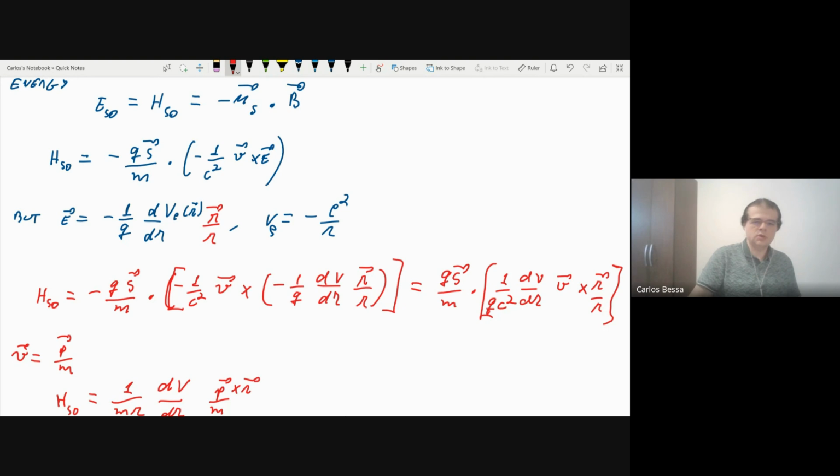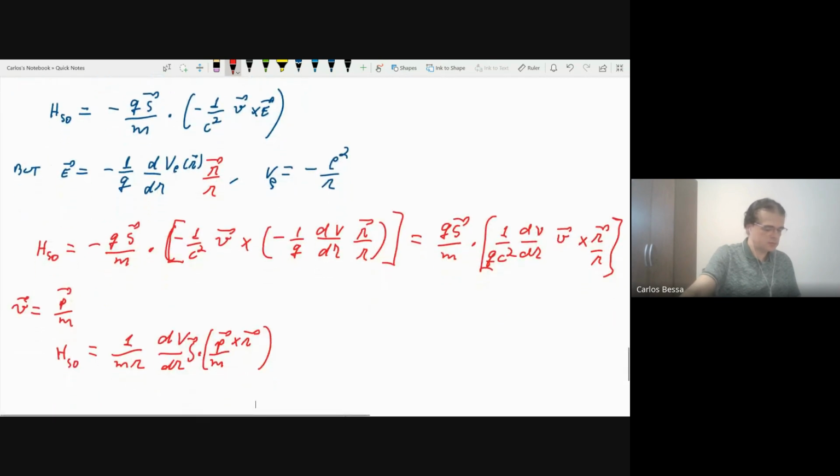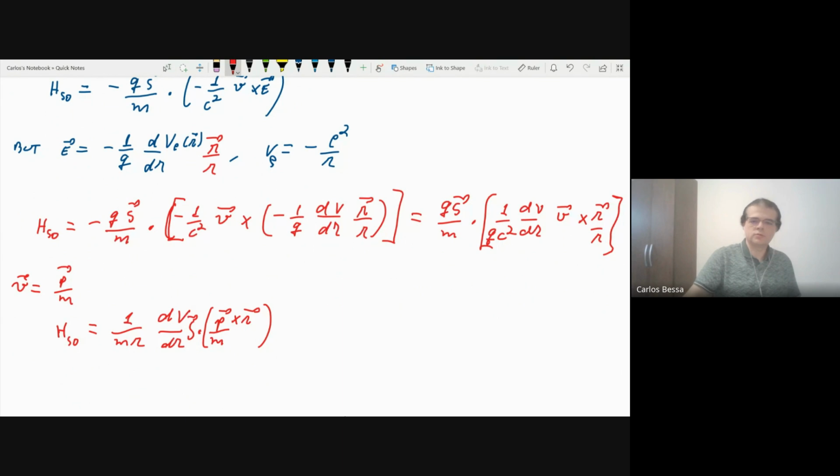But I forgot this S here, so I have S scalar this, and I missed this c squared too.